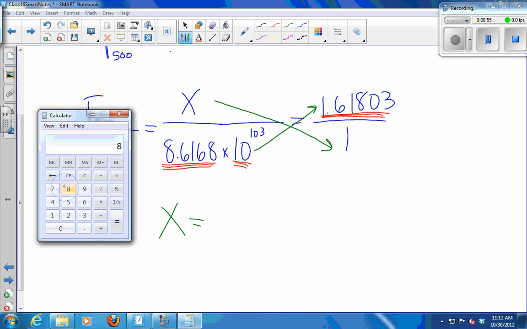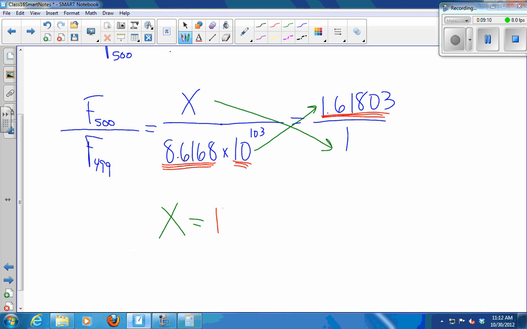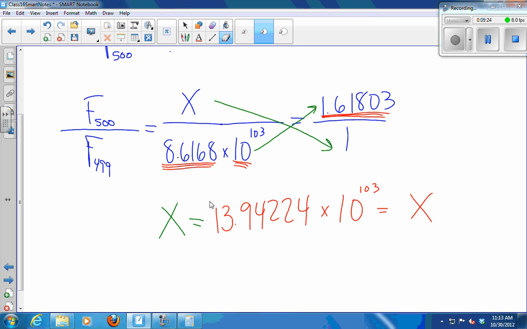All right, so 8.6168 times 1.61803 is 13.9422. So 13.94224 times 10 to the 103 equals x times 1, which is x. Oh, I already wrote that part.